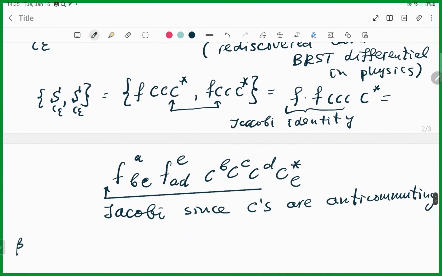Now let us add to this easy case what I call easy prime, where we have this.